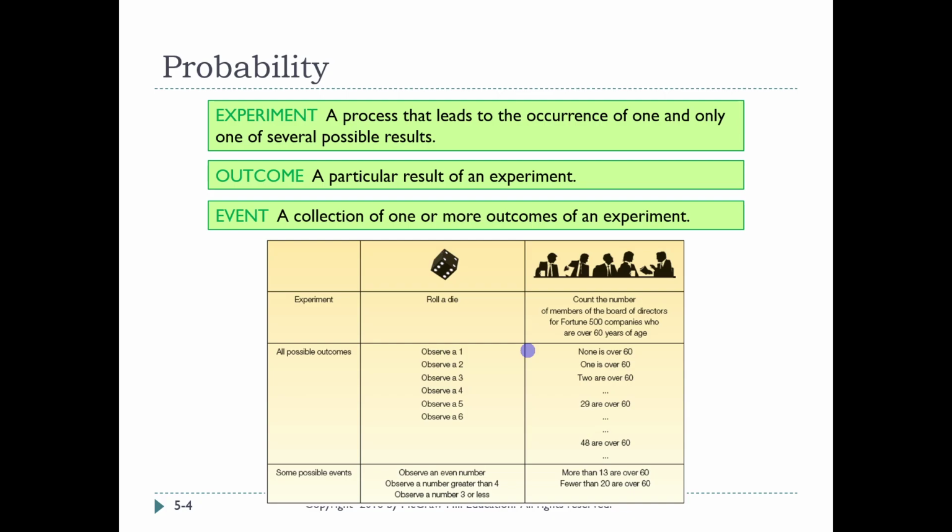And then lastly, the event is a more general, more inclusive way to talk about different outcomes that could occur. An event could be you observe a 1, but it could also be you observe an odd number. We'll have more practice with this as we go along.